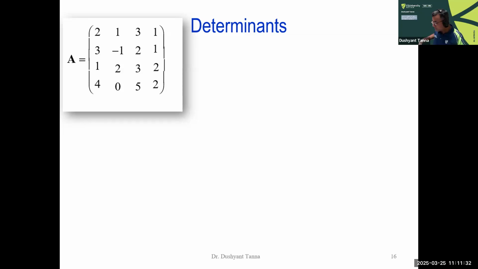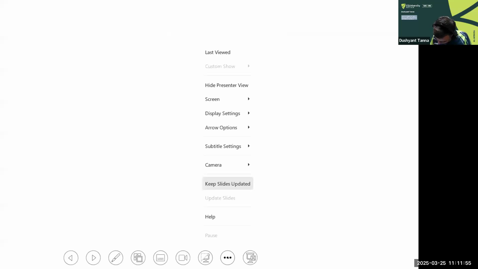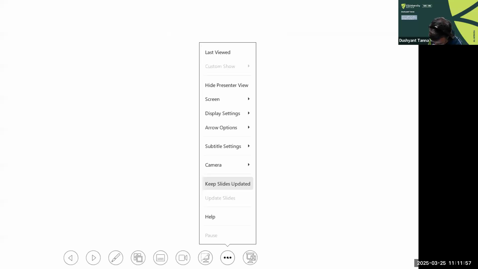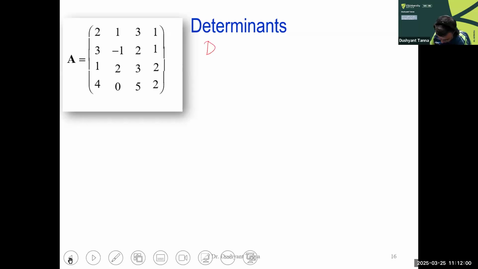Okay, so the determinant B is, I'm using the 4th row.